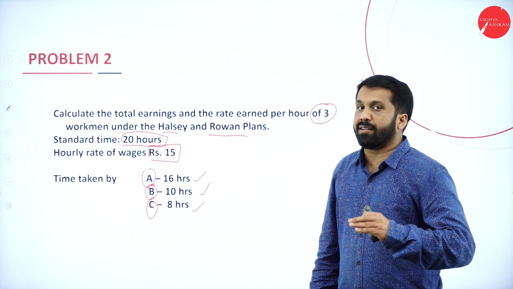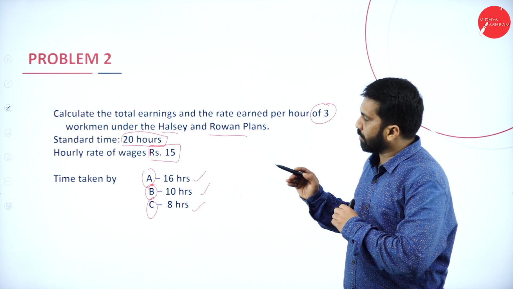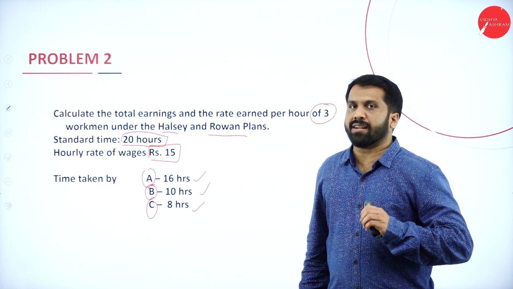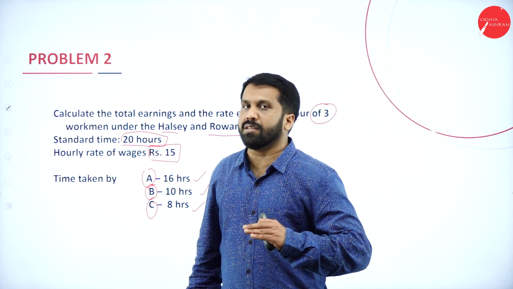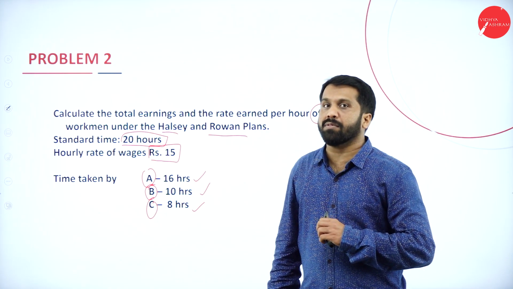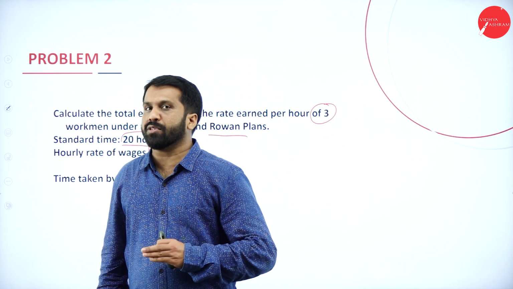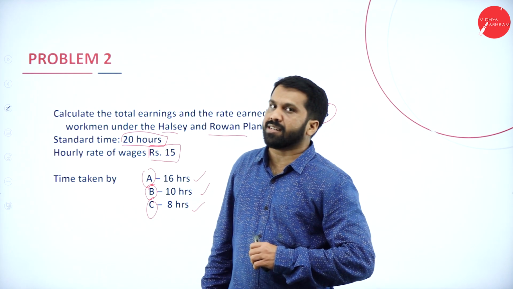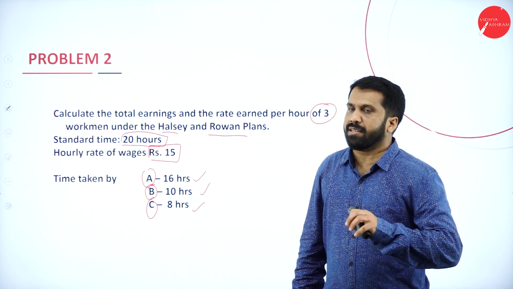Now, we'll calculate how many hours they have saved. We'll have a normal presentation there, but for our understanding, we'll calculate how many hours each worker saved. How do we calculate how many hours each worker has saved? We are supposed to deduct the time taken from the standard time given by the company.